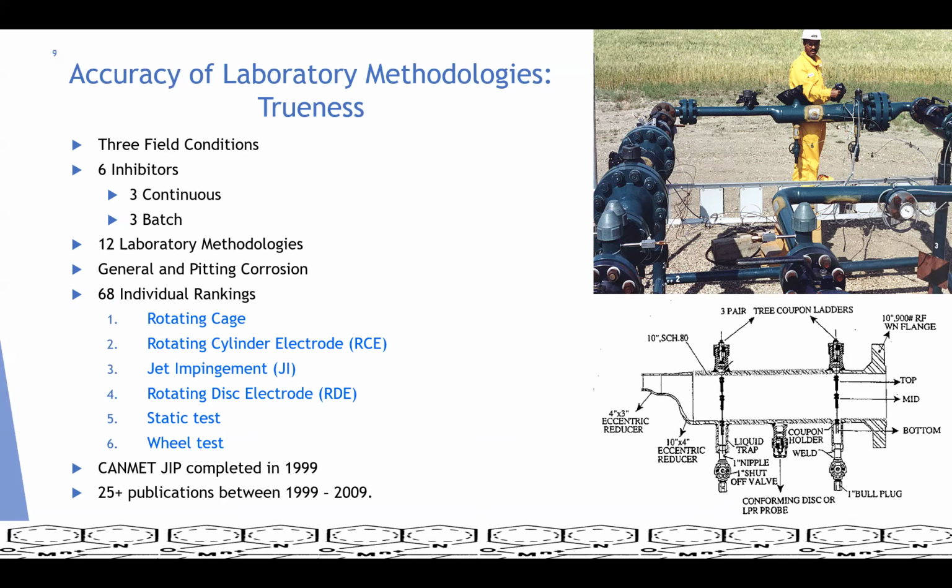And this is the ranking. Rotating cage became number one, followed by rotating cylinder electrode, jet impingement, rotating disc electrode, which is not commonly used in the oil and gas industry, static test, and wheel test. So this JIP was completed in 1999, and several publications were made out of that JIP. To promote that, rotating cage was the number one methodology in terms of trueness.